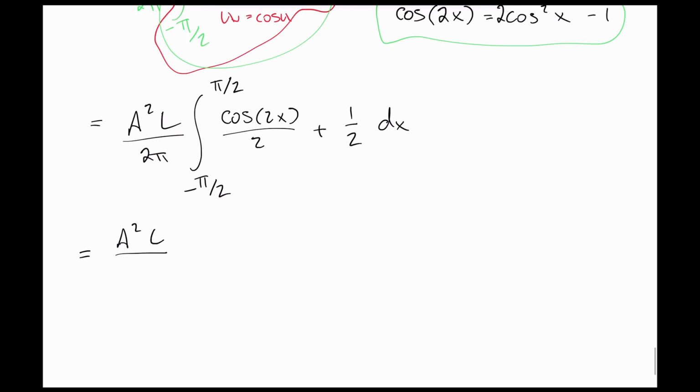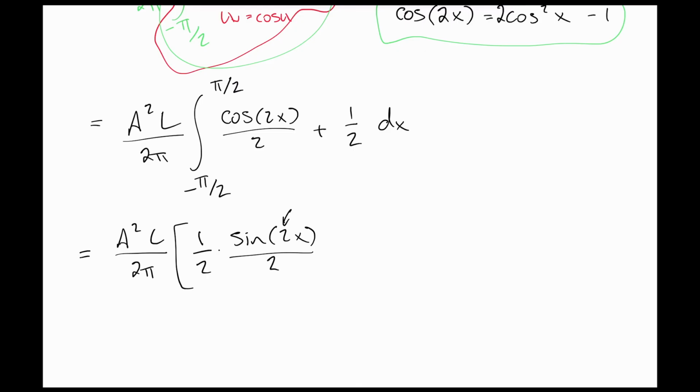A squared L over 2 pi. We got the antiderivative here, so I can go like this, boom. I have 1 over 2 times, integral of cosine is sine 2x. And over here we actually have divided by another 2 because there's a 2 in here.